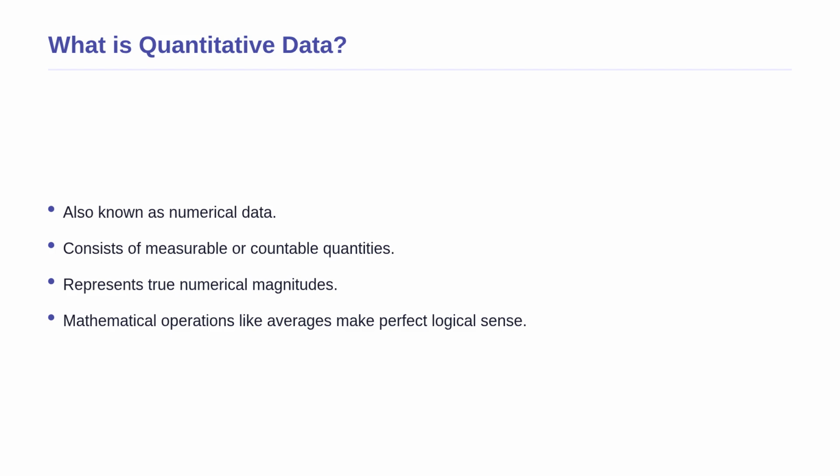Because they are real numbers, mathematical operations like calculating an average or a standard deviation make perfect logical sense. For instance, measuring cholesterol levels in milligrams per deciliter gives us exact quantities that we can add, subtract, and analyze using powerful mathematical tools to find trends in our biological research.